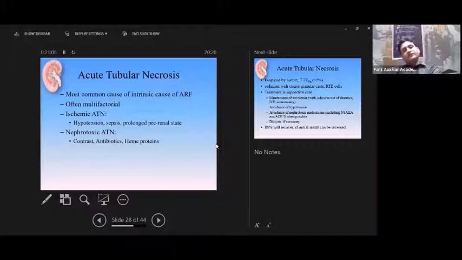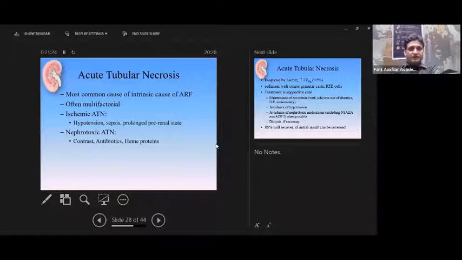Then we will discuss the intrinsic causes of AKI, a few common causes of AKI, ATN and intrinsic renal disease. One common cause is acute tubular necrosis. This is the most common intrinsic cause of ARF, either ischemic or toxins.